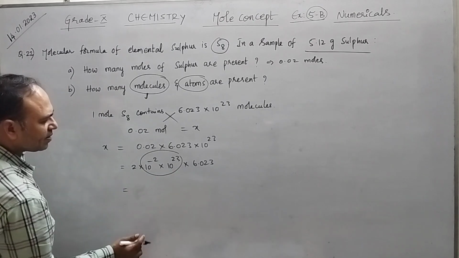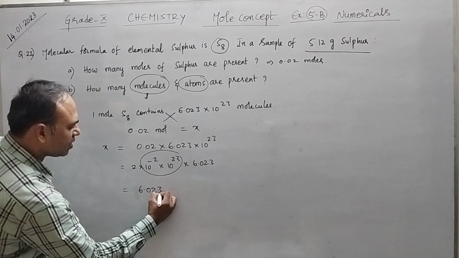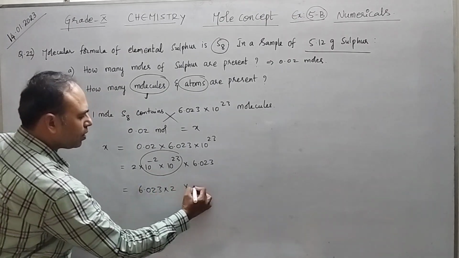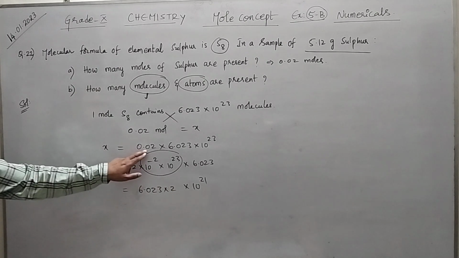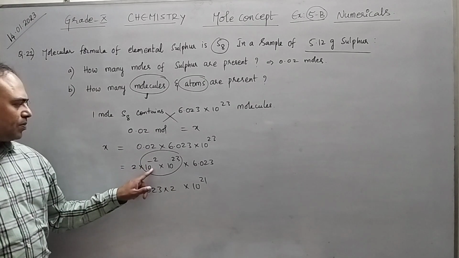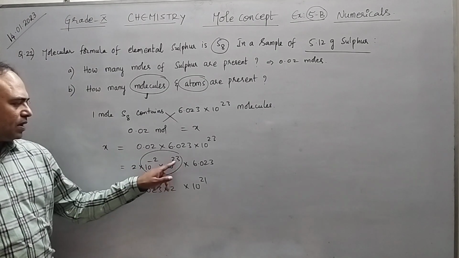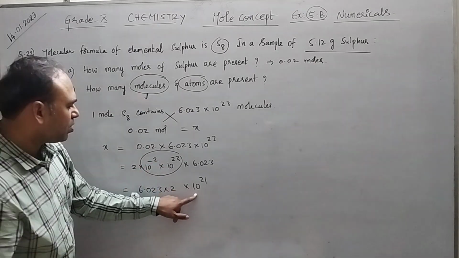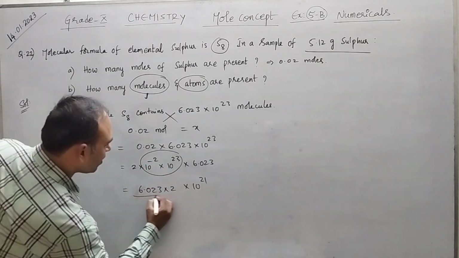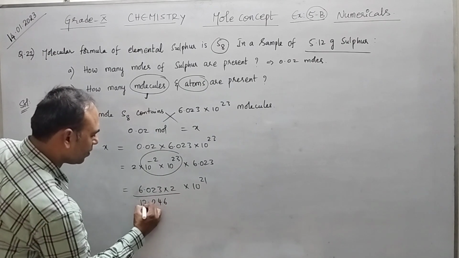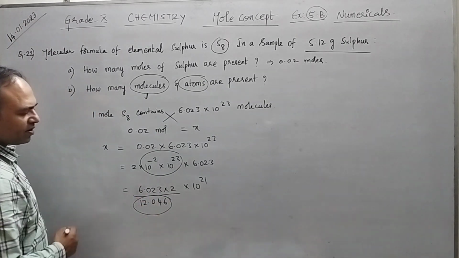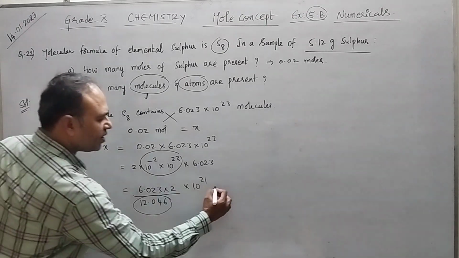If you want to write the exact value, 6.023 into 2 into 10 to the power of 21. Hope you are able to understand. 0.02 I have taken as 10 power minus 2, so that you can easily solve this. 10 to the power of 21. Now multiply this, 3 into 2 is 6, 2 into 6 is 12. So we have 12.046 into 10 to the power of 21.